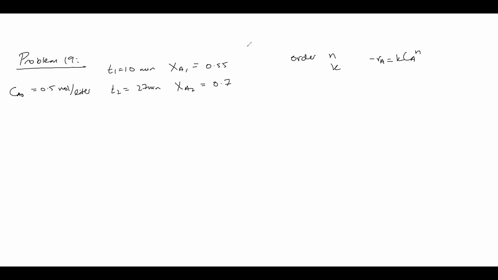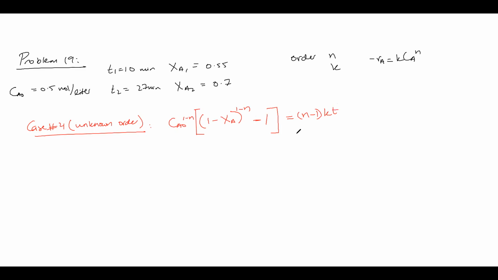So again, for an unknown order, case number 4. And the performance equation in this case, you can always derive it or you can know it: CA naught to the 1 minus N into 1 minus XA to the 1 minus N, minus 1, is equal to N minus 1 KT, right?